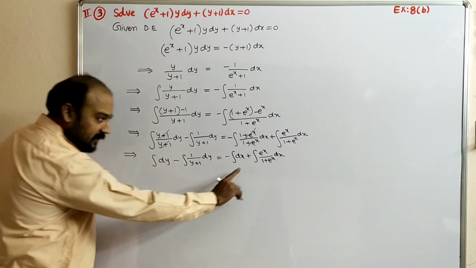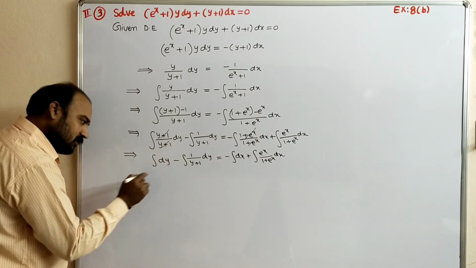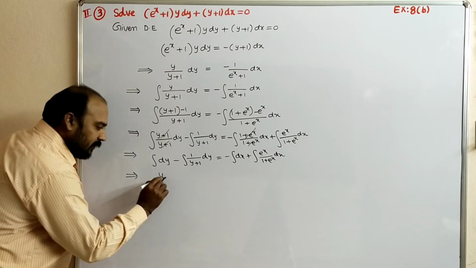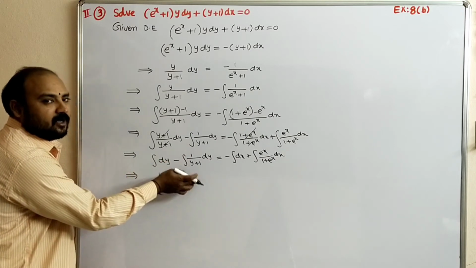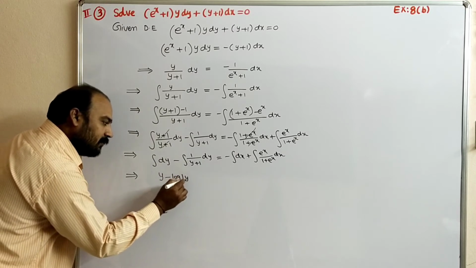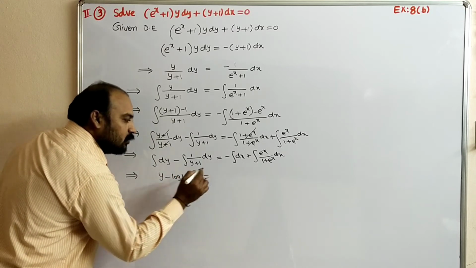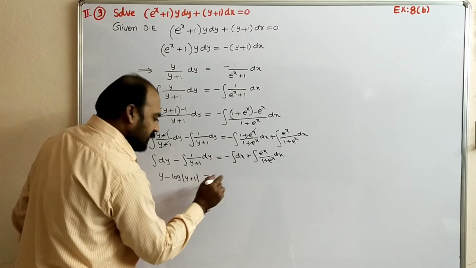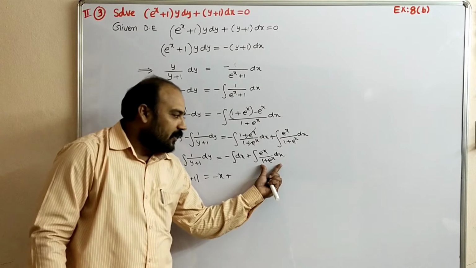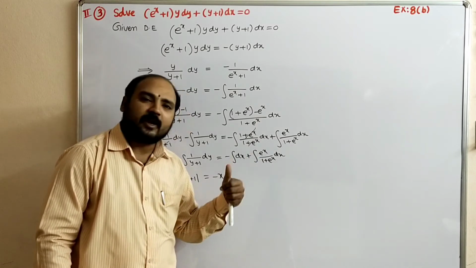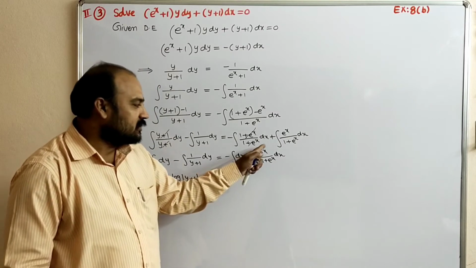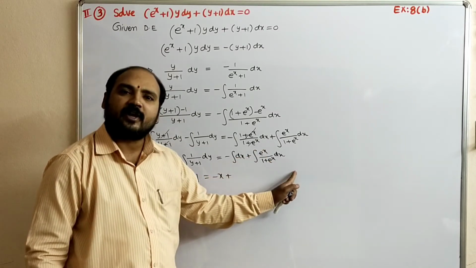Now minus integral dx I am taking. Before that we have to do the integration. Integral dy is y, minus integral 1 by y, log mod y. So log mod of y plus 1 is equal to minus x plus, here 1 plus e power x, whose derivative e power x is there in the numerator. So it is in the form of integral f dash of x by f of x into dx.